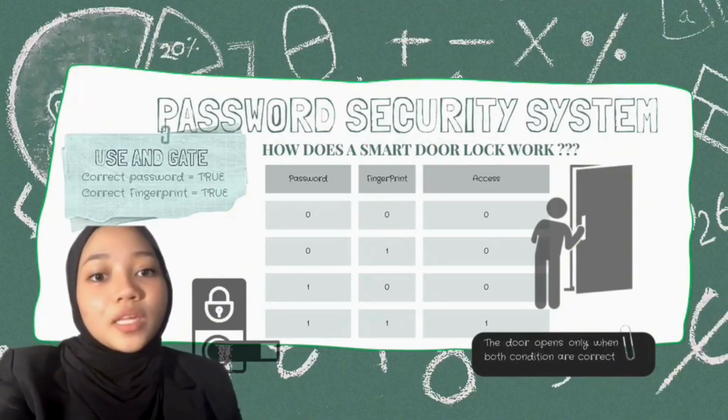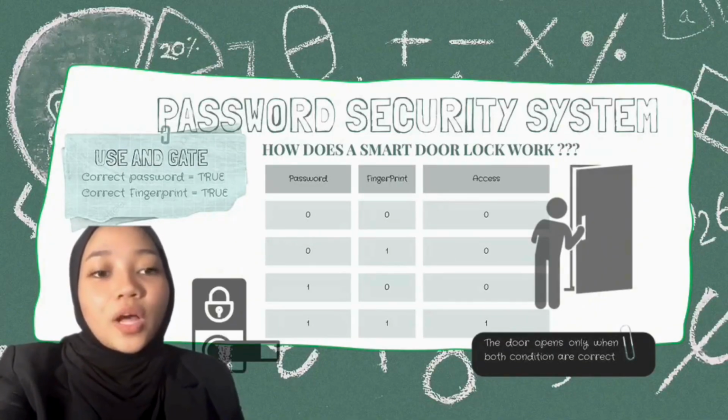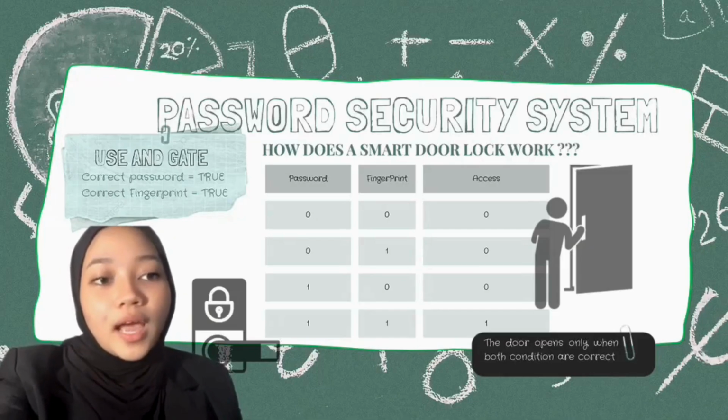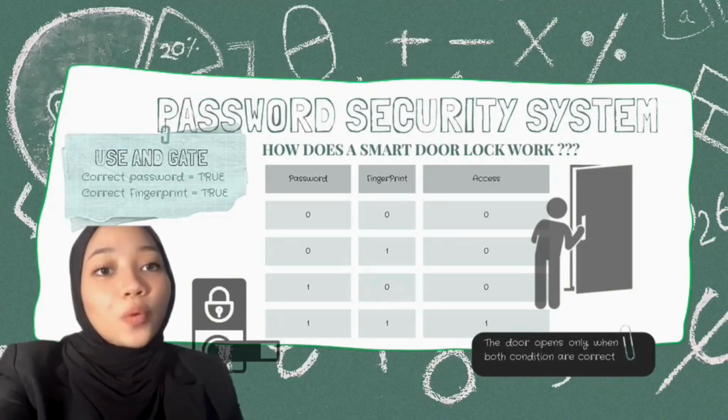The output remains 0, strictly denied. The system will output a true value of 1, unlocking the door, only when both conditions are completely satisfied at the same time.